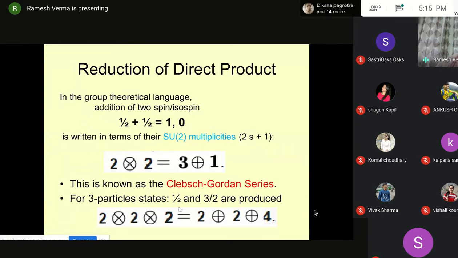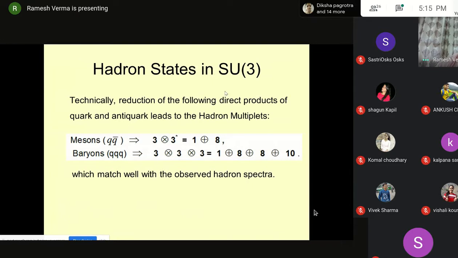For SU(3) and higher groups, this reduction is a little technical. But believing the results given here, one can see that suppose you want to construct mesons out of quark and antiquark. Quark belongs to 3, antiquark belongs to 3 star.